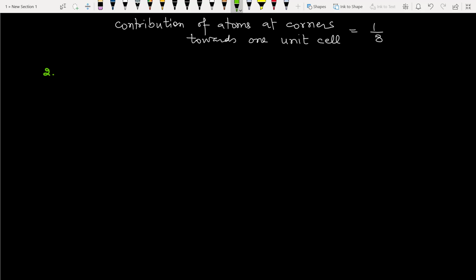Second type of cubic crystal is body centered cubic. This is called BCC arrangement.